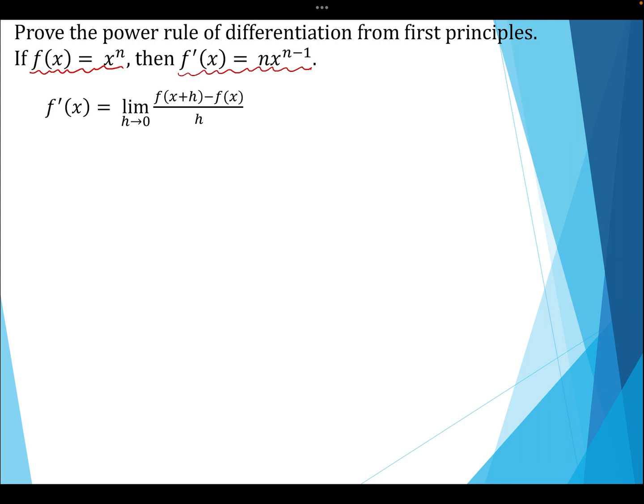So writing it in the limit notation, we know that f dash x is equal to the limit as h approaches 0 of f(x + h) minus f(x) divided by h. So we now know (x + h) to the power of n minus x to the power of n over h. That is the notation that we need to use, substituting into the function x to the power of n.